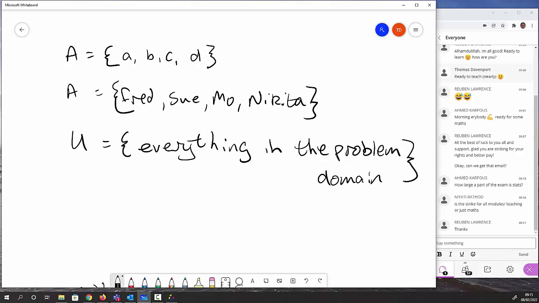If I'm doing a problem that includes all prime numbers, for example, then U would be the set of all prime numbers. I could also define the set of all real numbers, or all integer numbers, or whatever you want to do, but the universal set is everything in the problem domain.